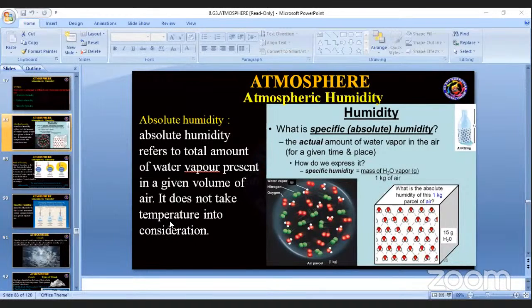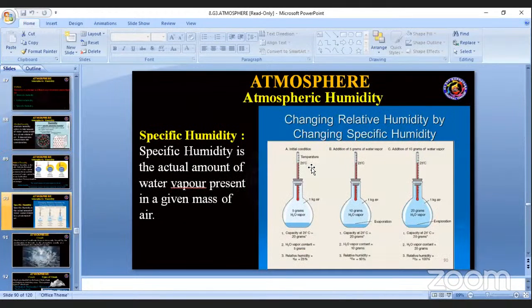In specific humidity, we take the amount of water vapor in air per kg. Look at this device: they have held 1 kg of air and tried to identify how much water vapor is in that 1 kg of air. Sometimes it would be 5 grams, or 10 grams, and then 20 grams. They have mentioned that clearly here.